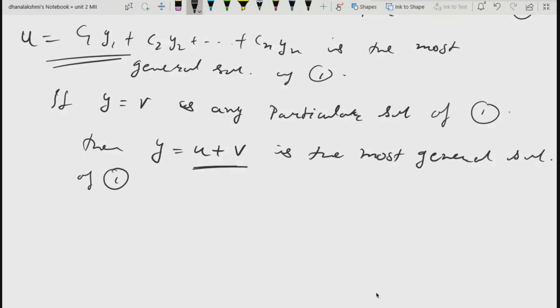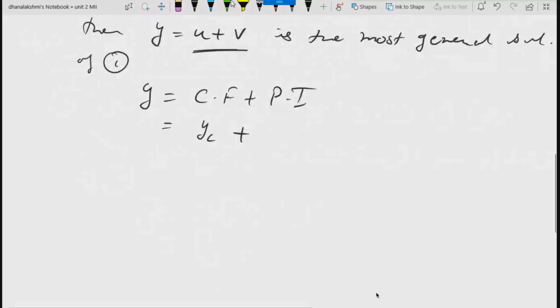Understood? Okay, so the complete solution of the given equation will be given by y is equal to CF plus PI, where CF means complementary function, which you will denote with yc, and the particular solution you will denote with yp.